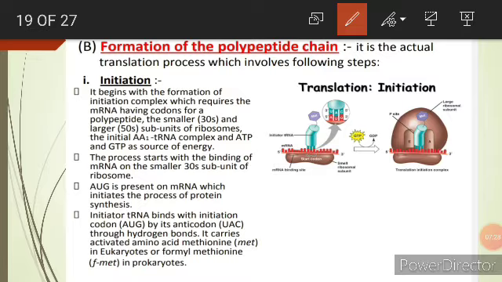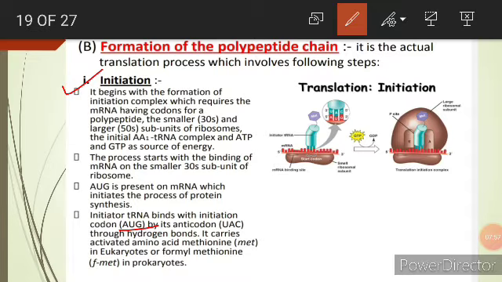For initiation, it requires the initiation codon, that is A, U and G, which we know is the initiation codon, and it requires ribosomes. Then it requires amino acid, which is present on the tRNA, and some initiation factors.